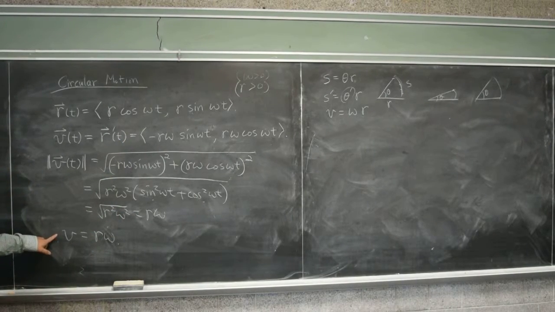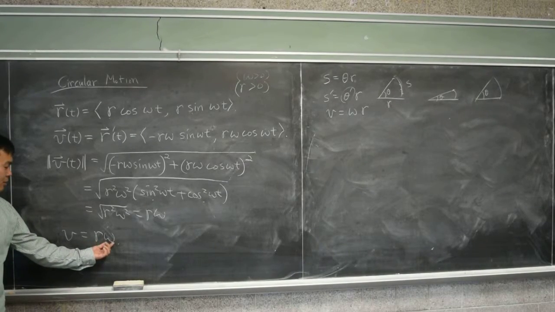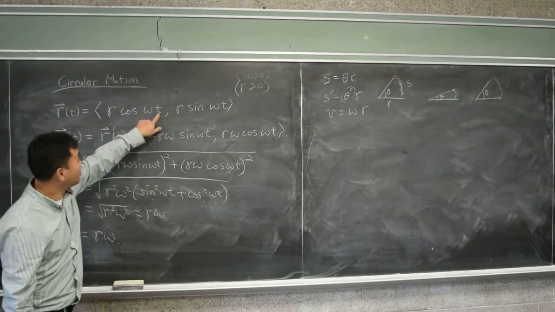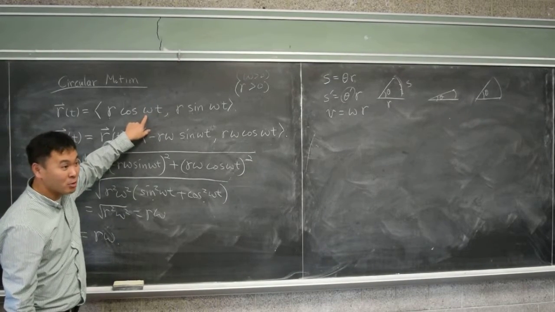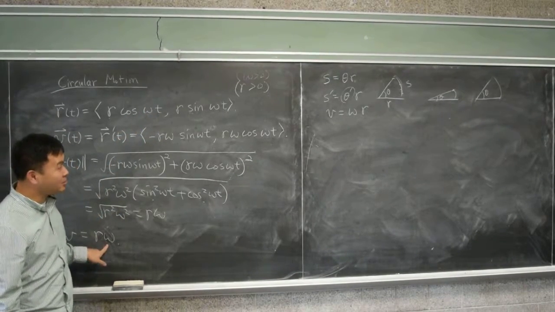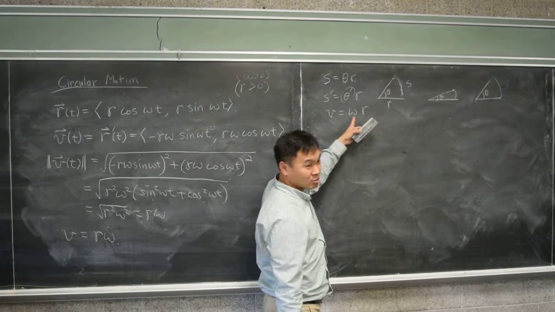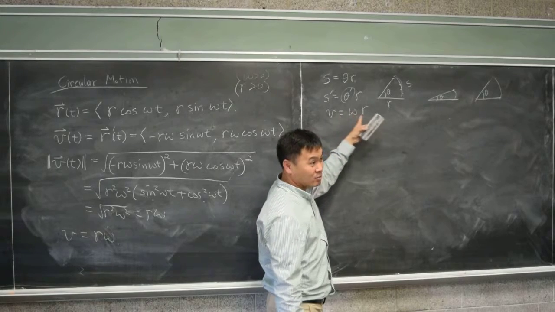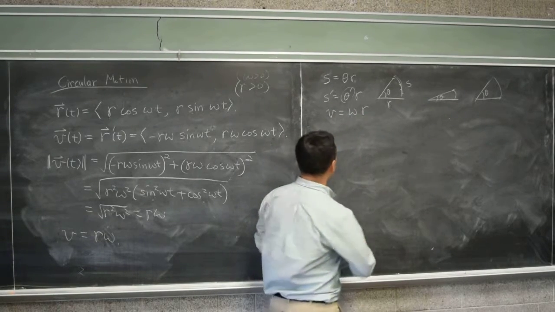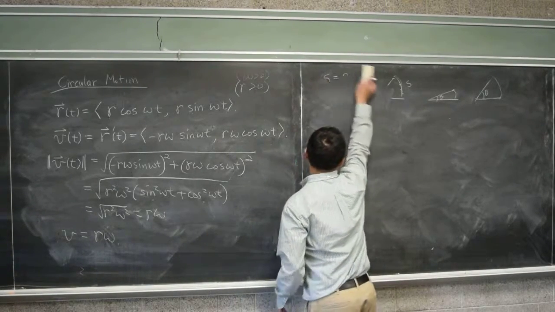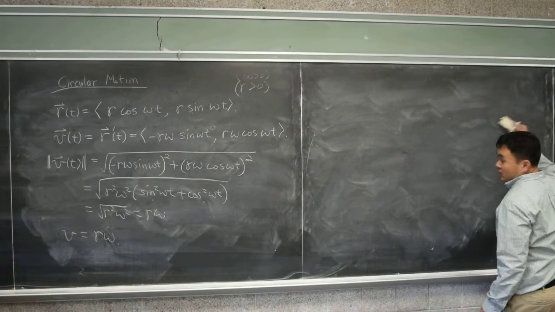So from this calculation, we agree that this coefficient of t that was inside should be called the angular speed, because we know that if there was such a thing as angular speed, it should satisfy v equal to omega r. So that's what we find so far.